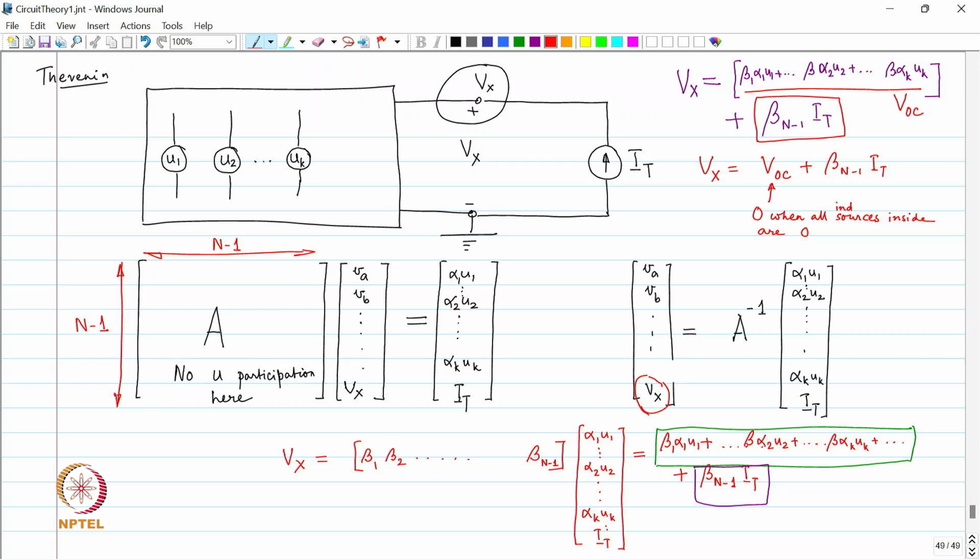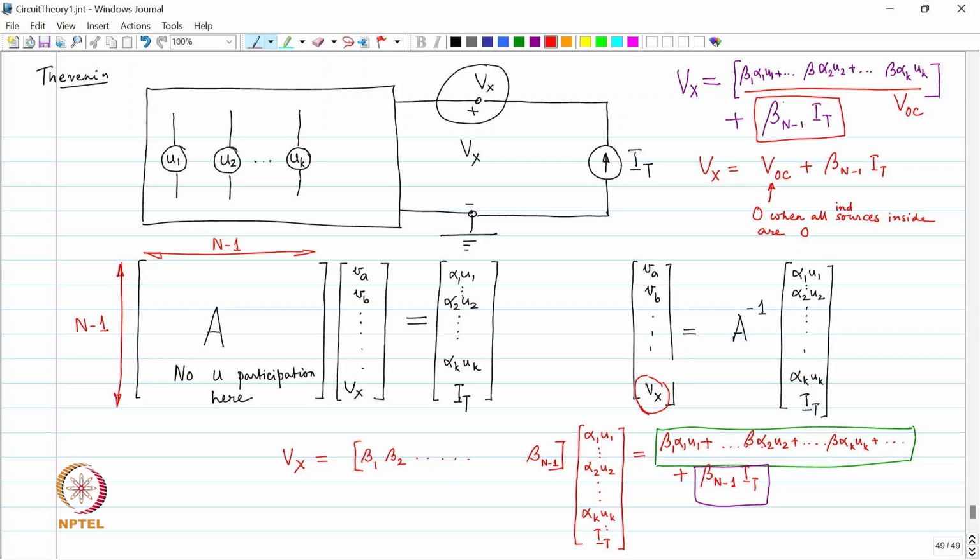So, how do we find out the driving point impedance? We make all the sources inside 0, then I push a current from outside, let us say I am pushing I t from outside and I measure V x, and what is the driving point impedance? What is that value going to be over here?